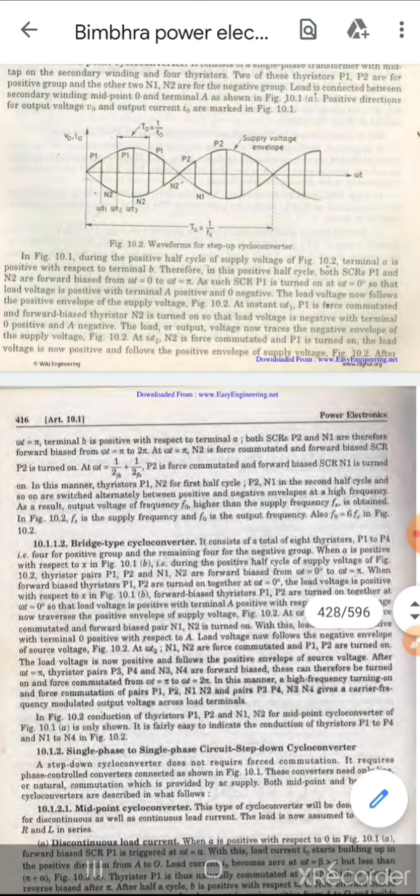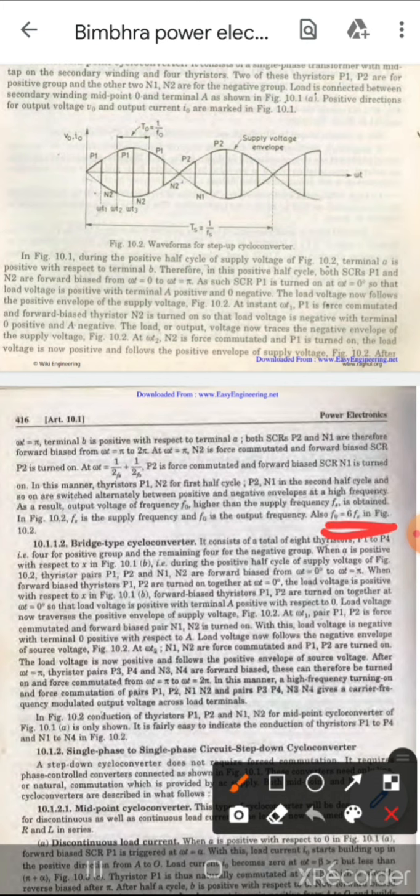Here F0 is equal to 6Fs. How is it? Your Fs period is up to this much. This is actually Ts. But here one output cycle is up to this much.